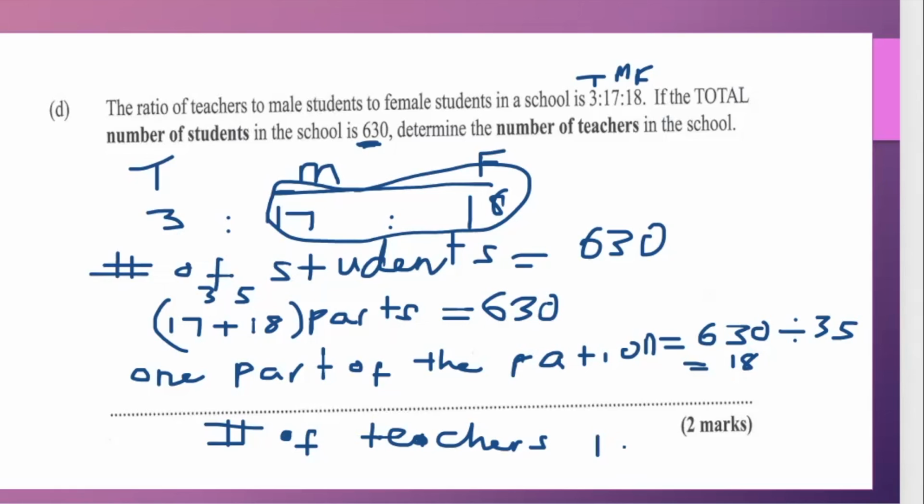So if I have 3 parts, and each part is worth 18 persons, then it means that the number of teachers will be 18 plus 18 plus 18, or in other words, 18 times 3. So we have 54 teachers.